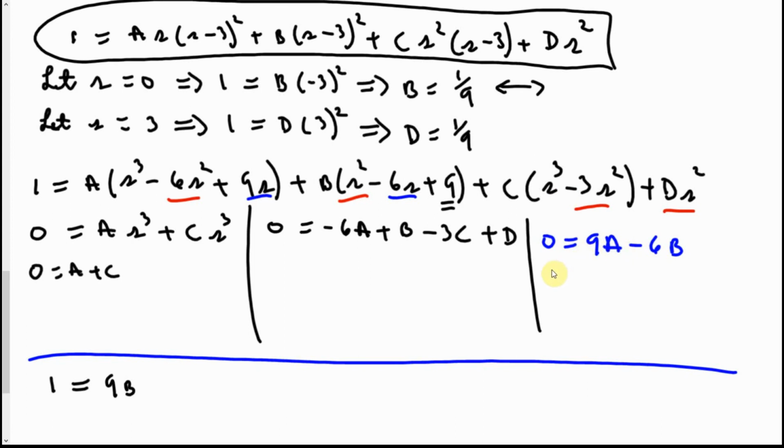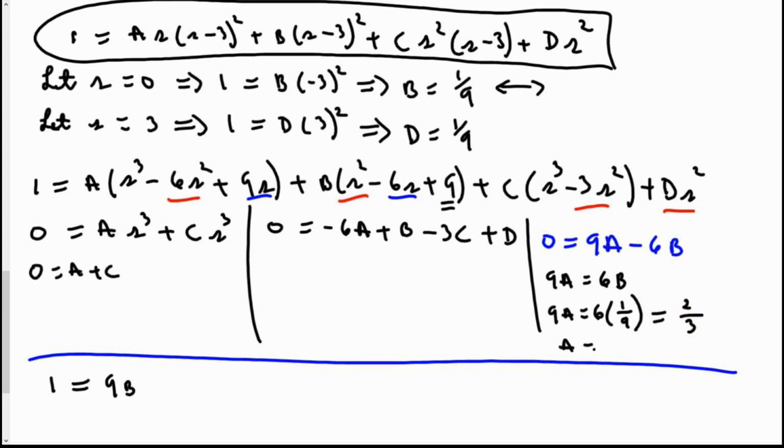So here I get 9a is equal to 6b. 9a is equal to 6 times b, which is 1 over 9. So this is 2 over 3.